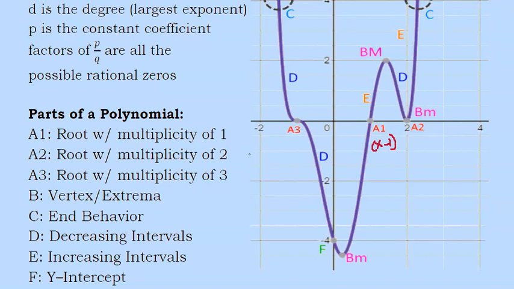A2, it says it's a root with a multiplicity of 2. So this would be x minus 2, but instead of it just being x minus 2, it's going to have it raised to the second power. And then A3 is a root with a multiplicity of 3. So this would be x plus 1 to the third power.